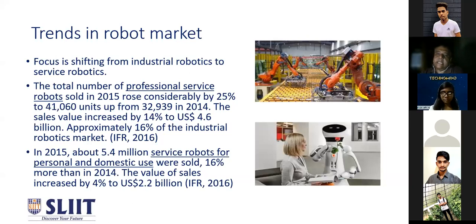But if you look at the second picture, that robot is doing something with a human. That requires more sensors to understand the world around the robot. And using these sensors, the robot has to understand the nature of the world surrounding it. So rather than merely doing something, the robot has to be an embedded agent in the world. That is a key difference between industrial robots and these other types of robots working with humans.